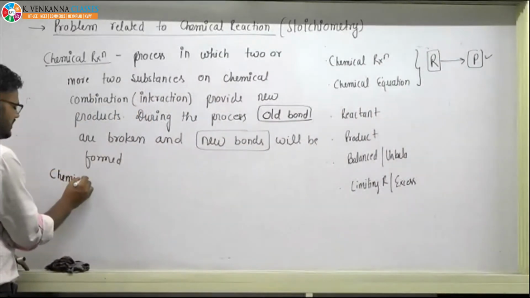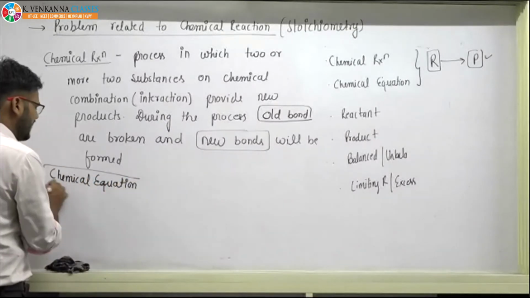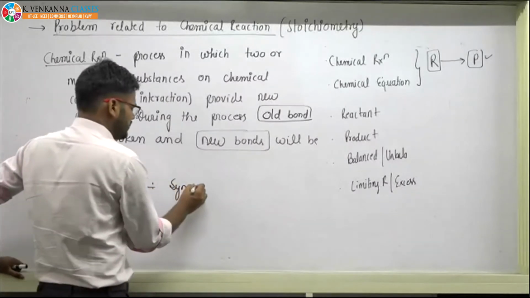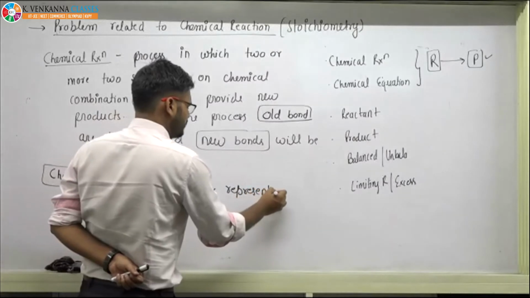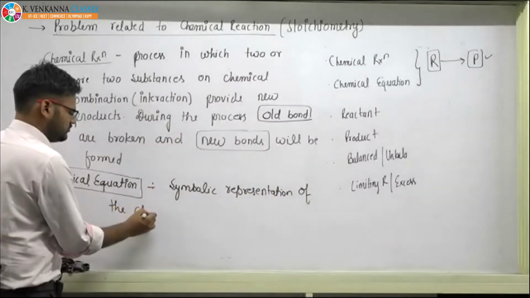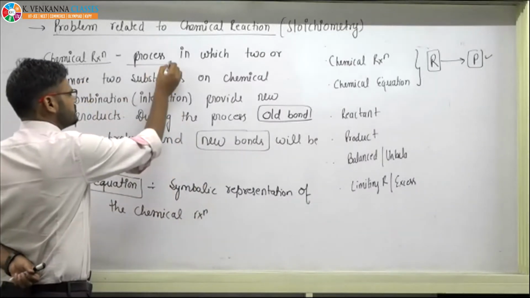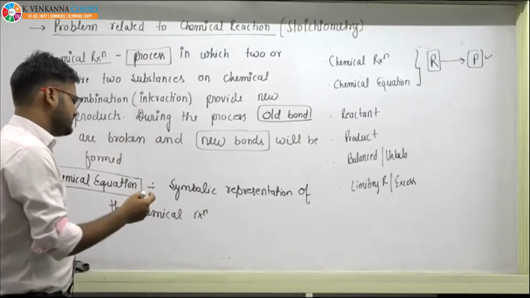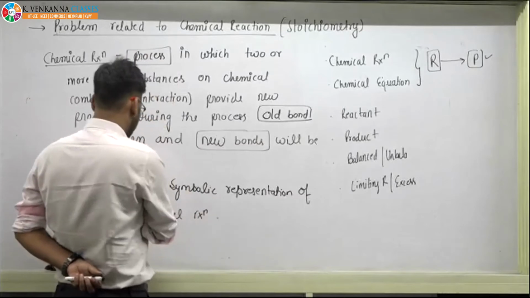So what is a chemical equation? It is nothing but, if you want to copy that process on your notes, it is known as symbolic representation of the chemical reaction. You are just explaining the process in the form of symbols. Symbolic representation of the chemical reaction is known as chemical equation.